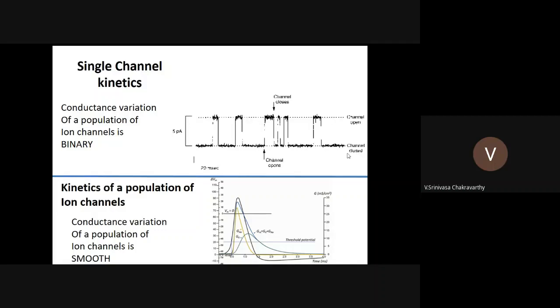Whereas, if you remember our description from the last class, when an action potential occurs, the conductance variation of the sodium and potassium conductances looks like this. This orange curve is the sodium conductance variation. This shorter curve is the potassium conductance variation. These are obviously smooth curves.